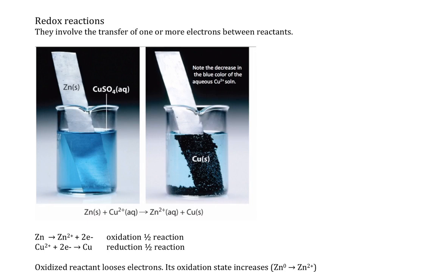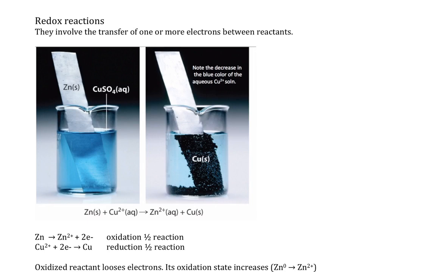Okay, so let's say we take a copper sulfate solution, put it in a beaker. We're going to see it's a blue solution. And we put a piece of zinc metal into it. After a little while, we would see that the blue color has definitely gone down, and we would see that stuff is starting to form on the zinc.